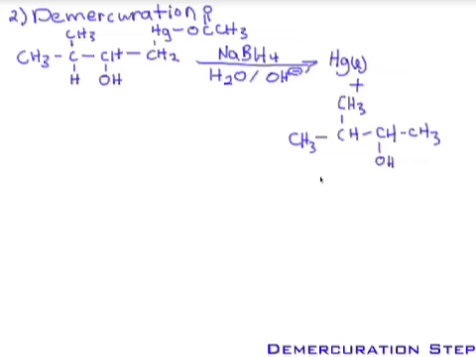If in the original oxymercuration step, step 1, you had used, instead of water, say methanol, you would have had an OCH3 here. So you can make ethers in the oxymercuration step, which would have ended up with an ether.